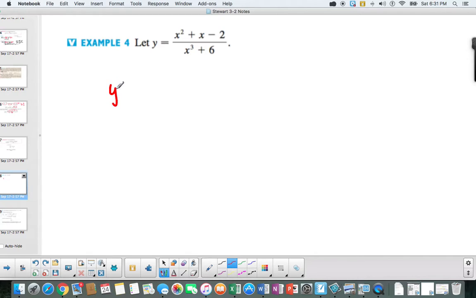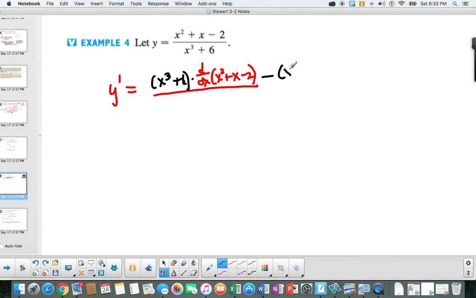All right, I want to find y prime, which means I am going to take the denominator times the derivative of the numerator minus the numerator times the derivative of the denominator, all over the denominator squared.